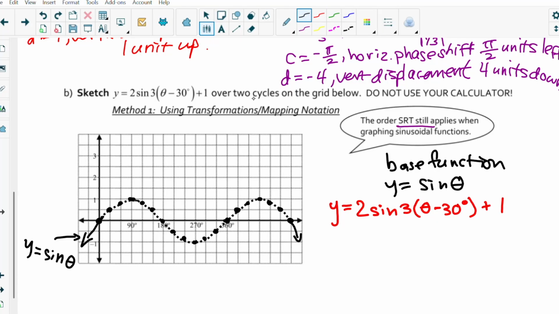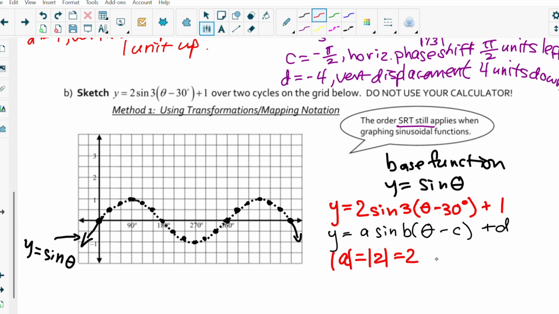So I have it in the form y equals a sine of b theta minus c plus d. Remember, it's easier to eat pancakes when they're stacked, so it's easier to read equations and functions when they are stacked. So my a value, the absolute value of a, is the absolute value of 2. That is 2. So that is my amplitude. Okay, you got that?